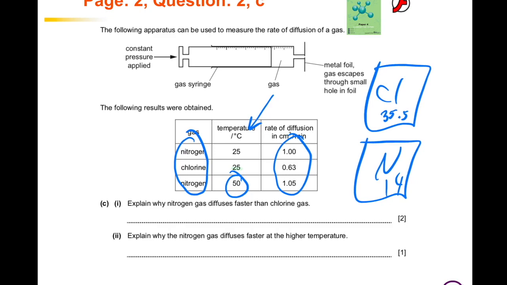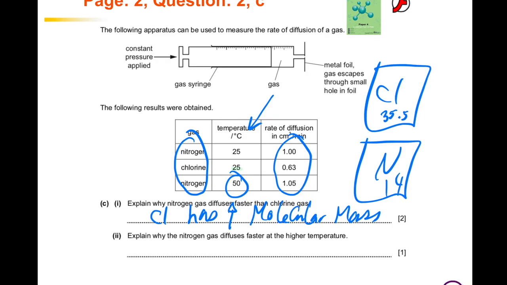So it's way heavier than nitrogen. So first question, explain why nitrogen gas diffuses faster than chlorine. You simply say that chlorine has higher molecular mass, and the higher the molecular mass, the slower the diffusion is.